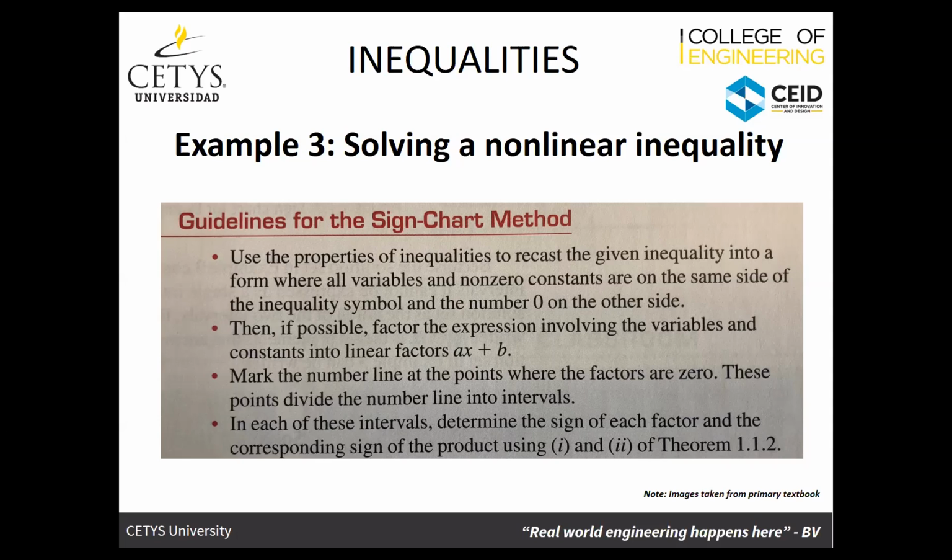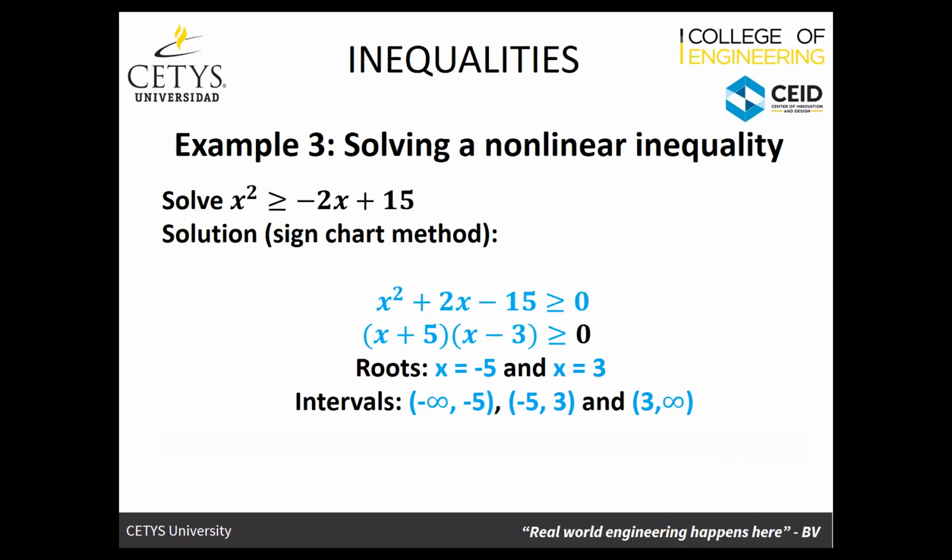Okay, and let's do some examples as to how we apply this. Let's look at this example. We're going to try to solve a nonlinear inequality. How do we know it's nonlinear? Because of this 2 that we have here.